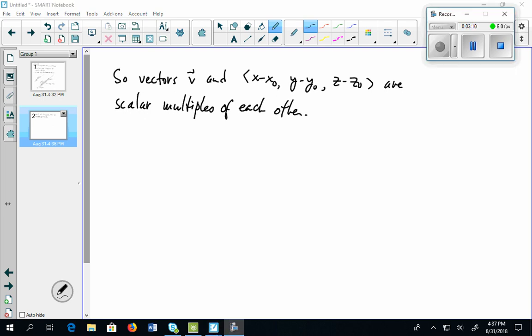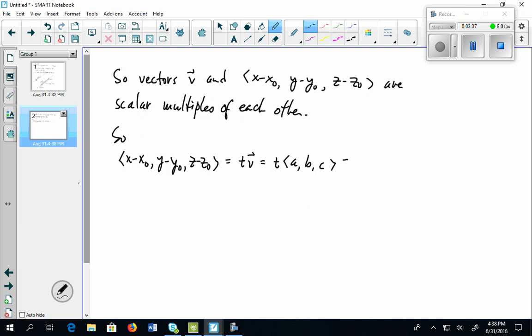So we can start with x minus x naught, y minus y naught, z minus z naught, and that's equal to a scalar multiple of v. So I can take t as my scalar times my vector v. My vector v, I can replace with its components, a, b, c.